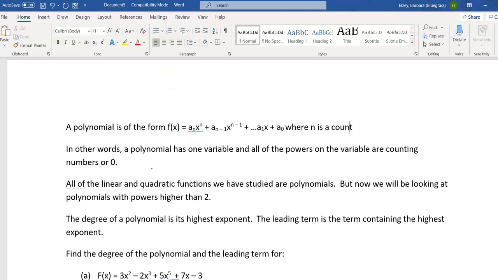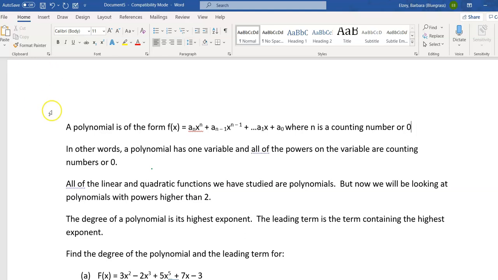where n is a counting number, or 0. Okay, so in other words, a polynomial has one variable throughout the whole polynomial, and all of the powers on our variables are counting numbers, or 0. So we can't have like x to the negative 1 or x to the 1/2.